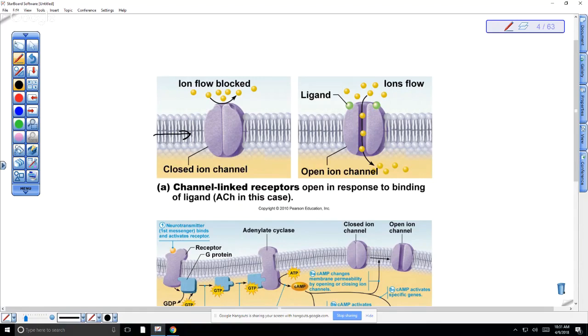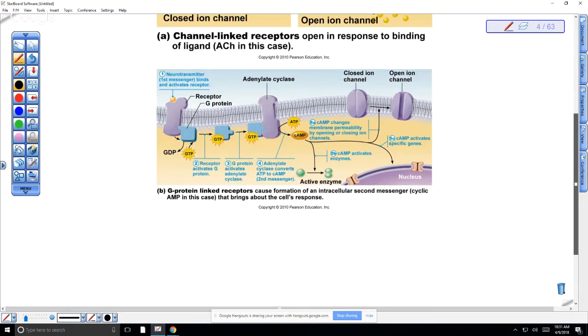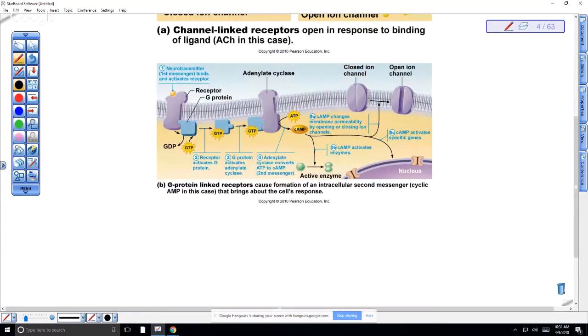And then we have the indirect action, where it binds to a receptor. It's not the actual channel, but notice that it goes through all of these different chemical changes that eventually lead to a secondary messenger. And we're not going to talk too much about that mechanism, but cyclic AMP is a typical secondary messenger, which is cAMP.